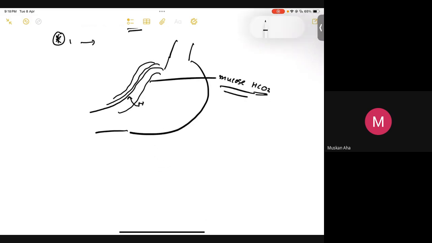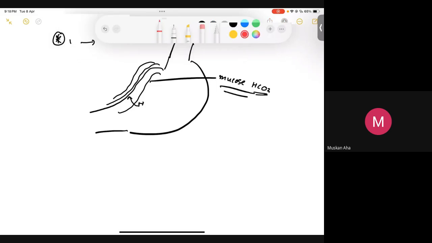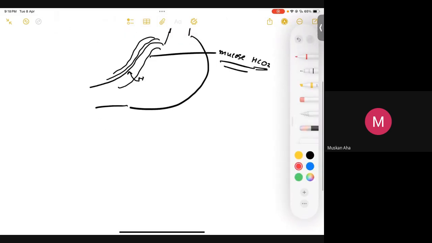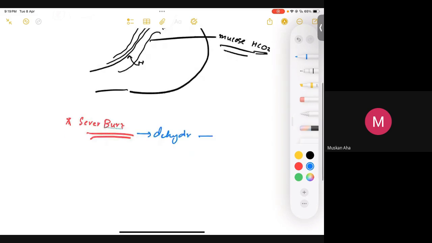Yes. Okay, perfect. So let's discuss different conditions which disrupt these protective mechanisms, right? The first one is going to be severe burn. We are already aware of the fact that severe burns lead to dehydration, right? And once an individual is severely dehydrated, he's going to have hypovolemia.